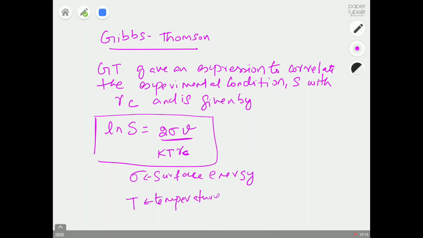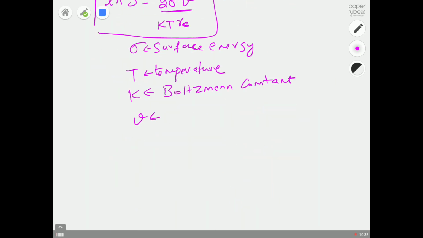Temperature also plays a big role in the experiment. And k is your Boltzmann constant. Boltzmann constant is an extremely small number, something like 10 to the power of minus 28. And then V is a molecular volume. So it also depends on the molecule as well.